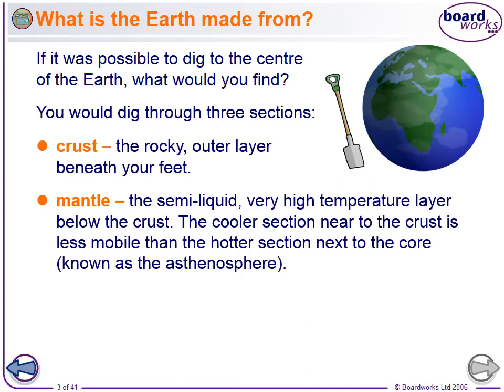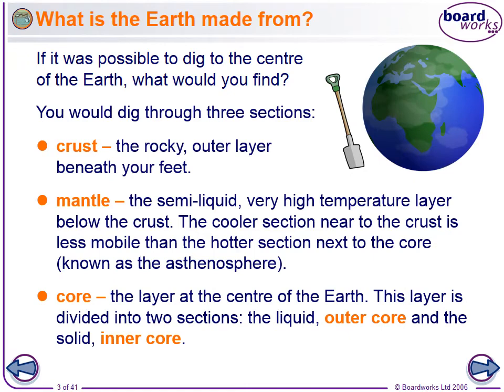The cooler section near the crust is less mobile than the hotter section next to the core, and this is also known as the asthenosphere. The core, the layer at the center of the Earth. This layer is divided into two sections, the liquid outer core and the solid inner core.